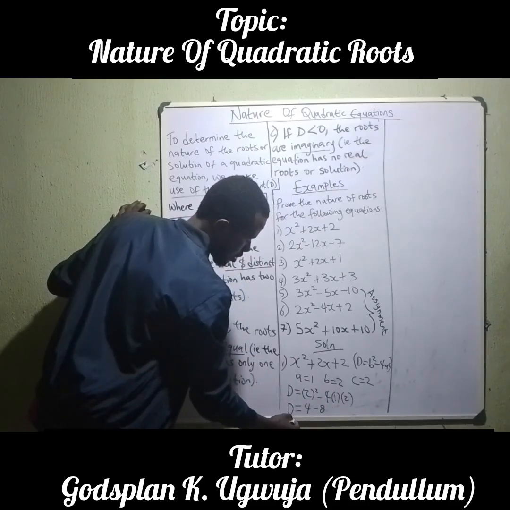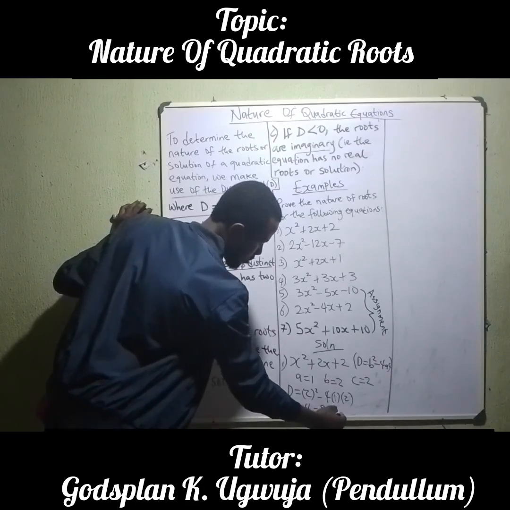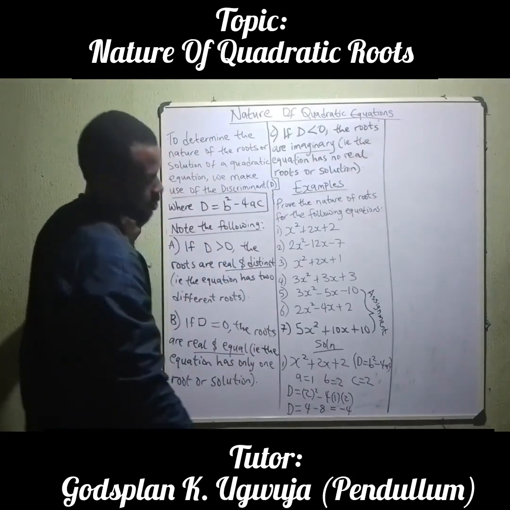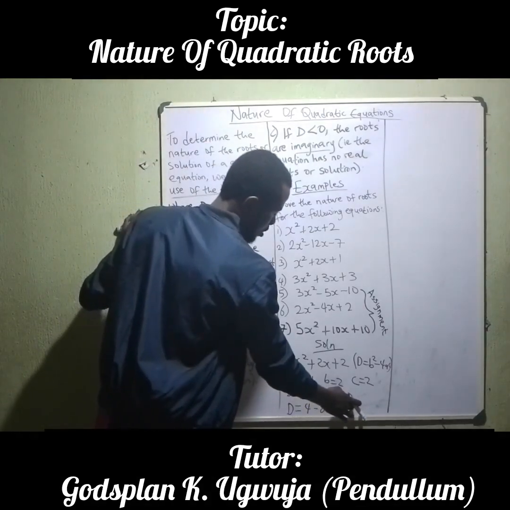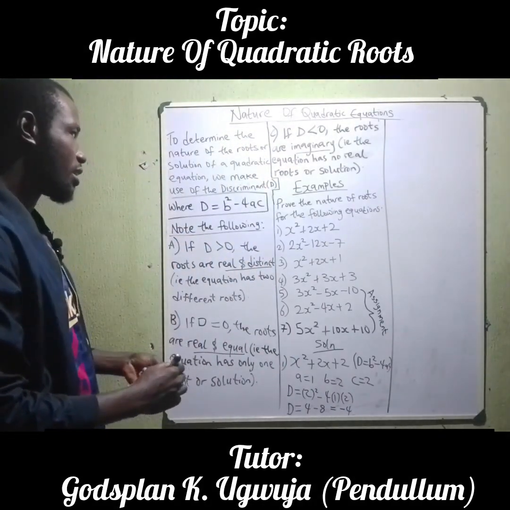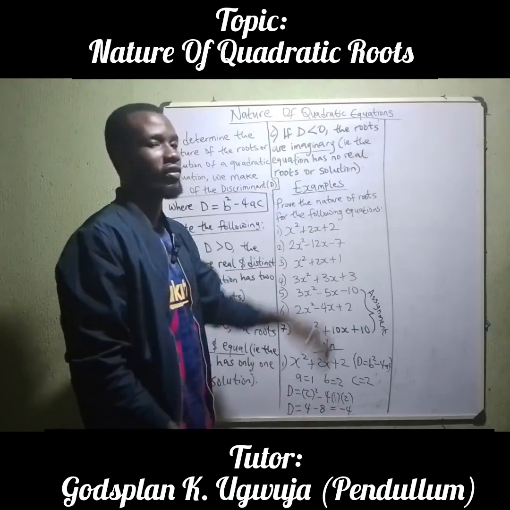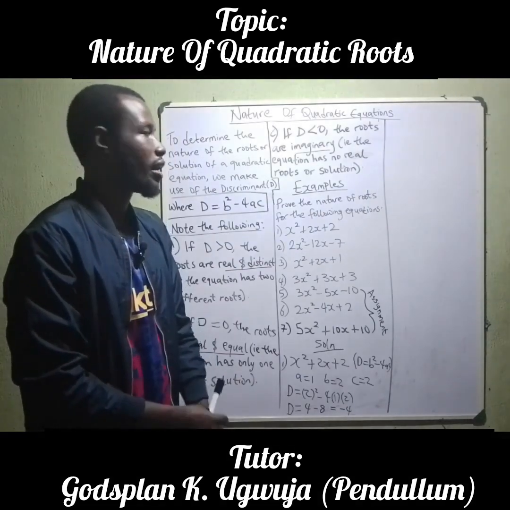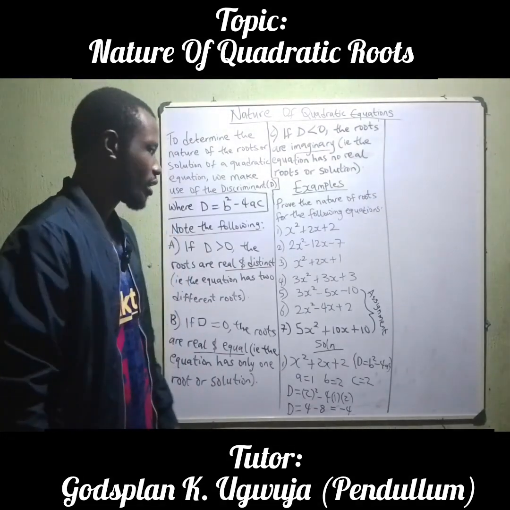So I have 4 minus 8, which will give me minus 4. That's my answer. Now, when you get this, what does it tell you? Like I said, if d is less than 0 or if d is negative, the roots are imaginary or it has no real solution.